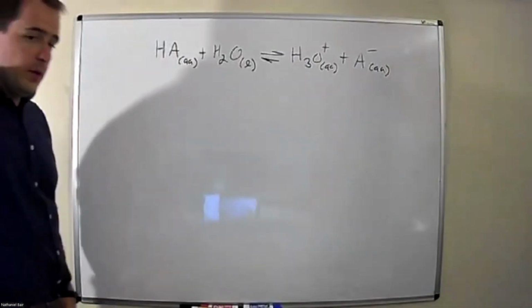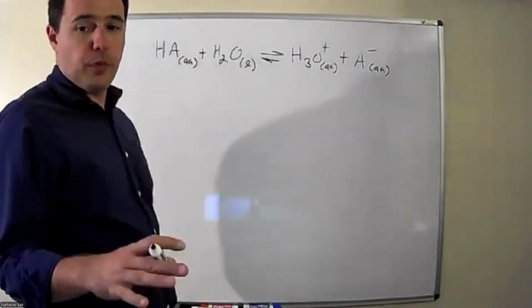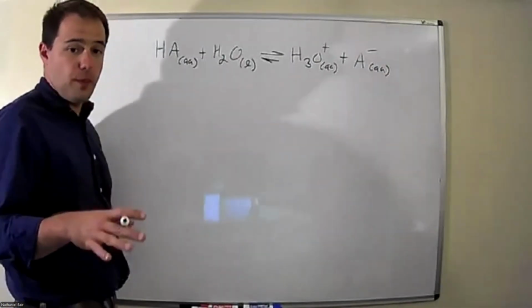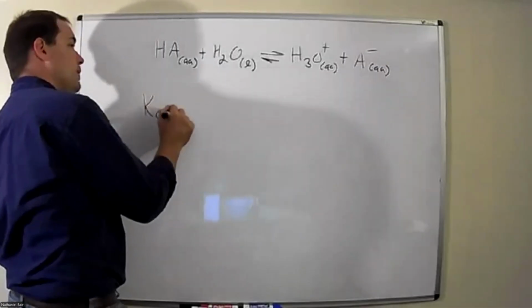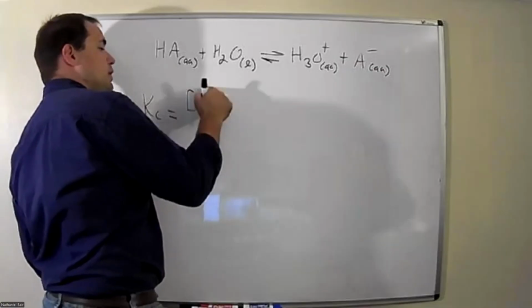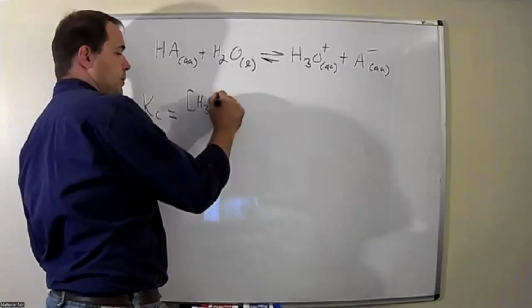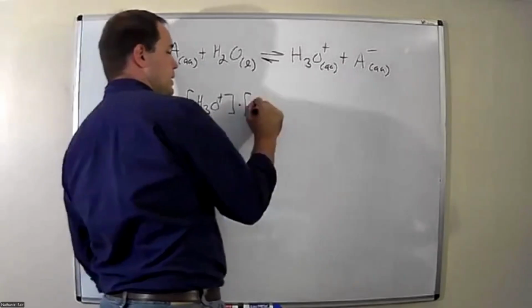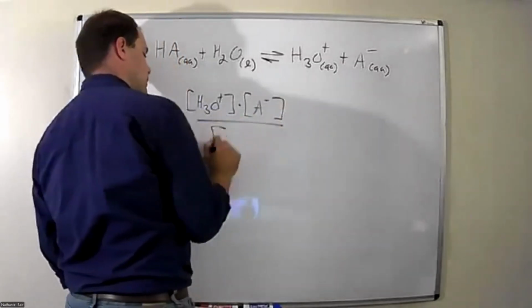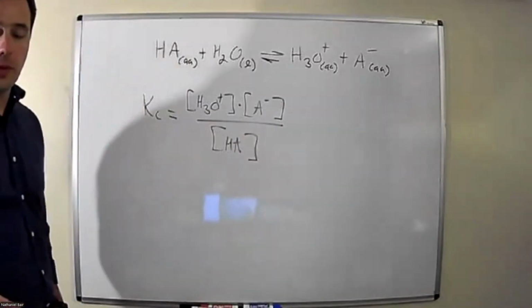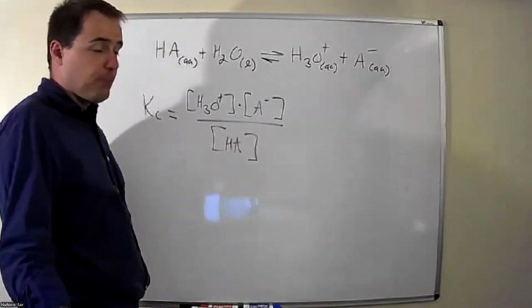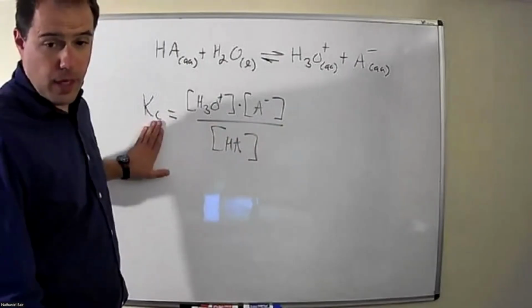Now, if I go to write the mass action expression, remember, pure liquids and pure solids don't go into the mass action expression. So the equilibrium constant equals the H plus or H3O plus, doesn't matter what you call it, times the conjugate base over the original concentration of the acid. So this is just a mass action expression like we were doing in the equilibrium unit, only now we don't call it an equilibrium constant.